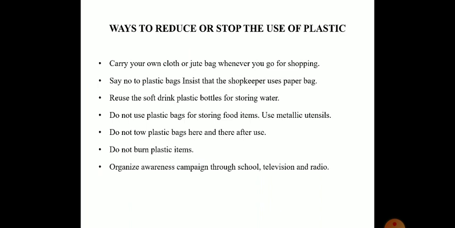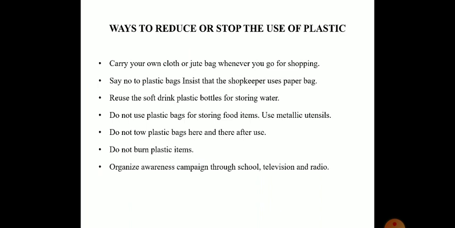We need to create awareness among others as well. If we are taking jute, paper or cloth bags, it's good, but we should also insist that shopkeepers practice using paper bags instead of plastic bags.